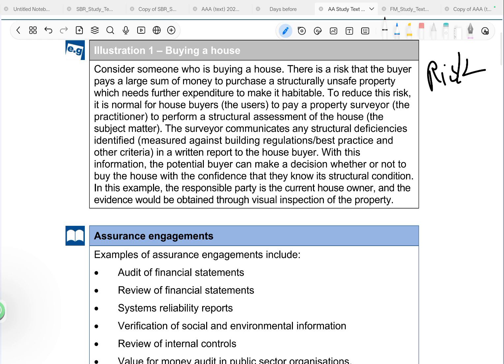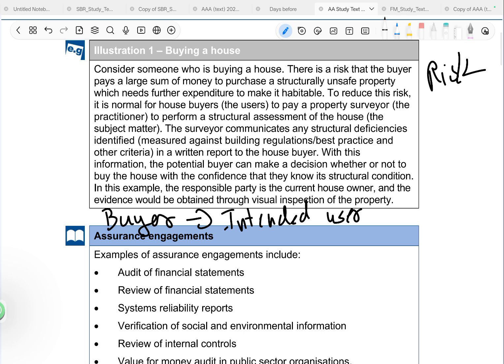Now, let's connect this example to the elements of an assurance engagement. The buyer of the house is the intended user, because they are the person making the decision.